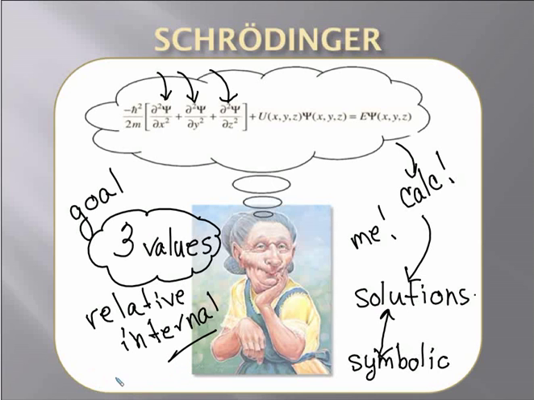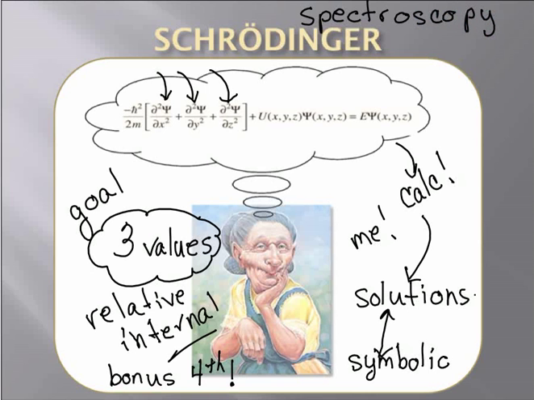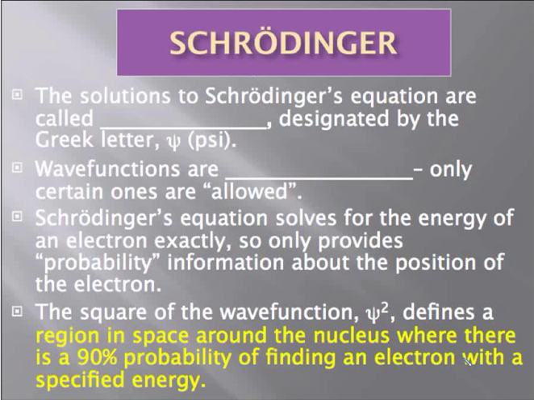So there's a minimum of 3 needed. Then we're going to get a bonus 4th piece of information that was provided by studying spectroscopy. Remember I said the interaction of electromagnetic radiation with matter is important, and it's broadly called spectroscopy. From some of that data, they discovered that 4th quantum number. So we're after 4 quantum numbers and their symbolic representations.